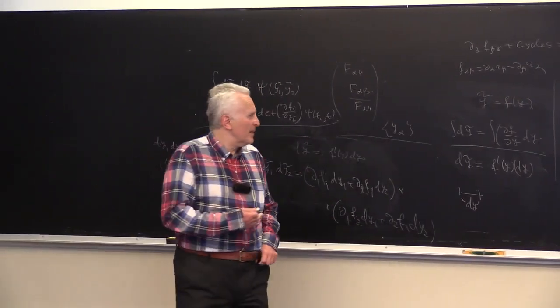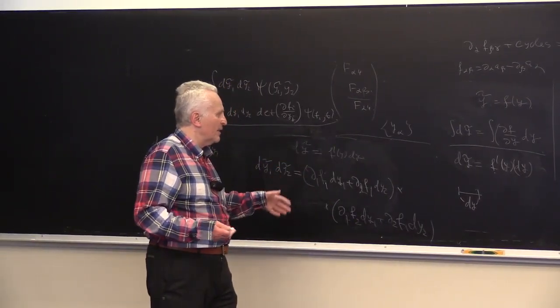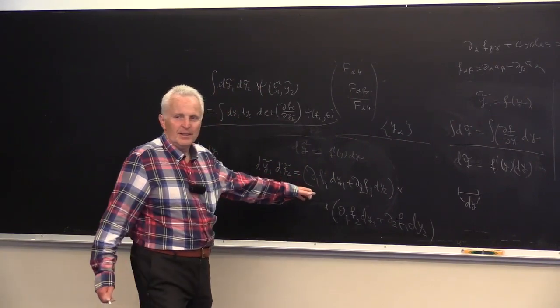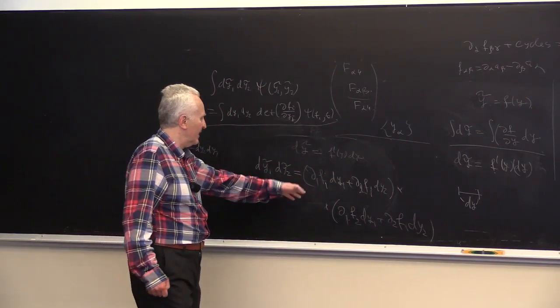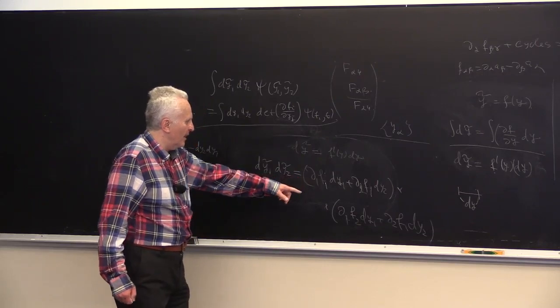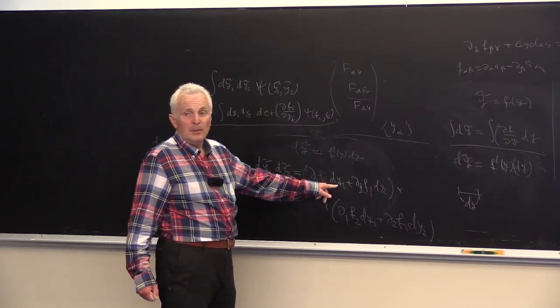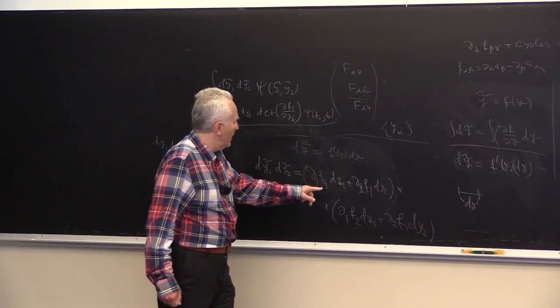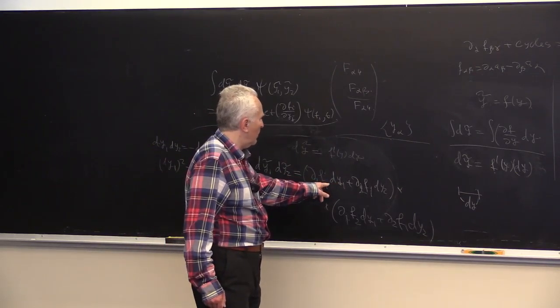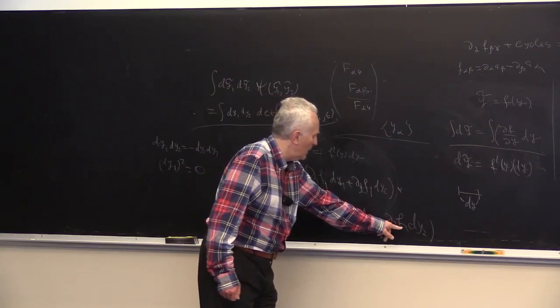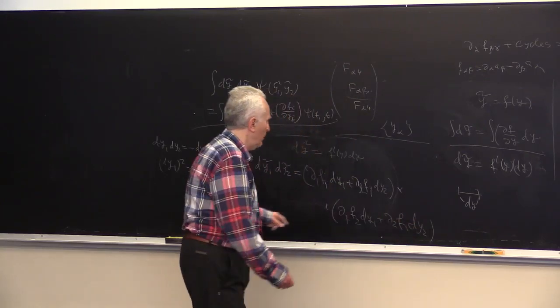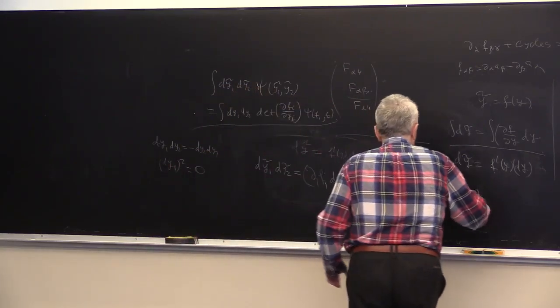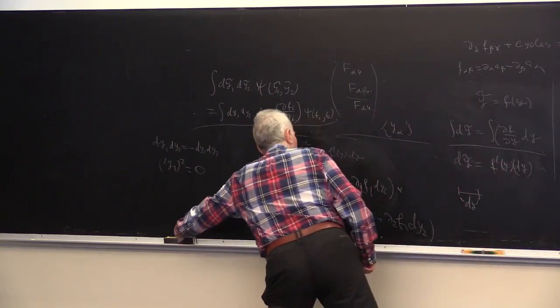I could avoid it, but I just can't resist showing you some beautiful tricks. I love this stuff. You see, dy1 squared is 0, so this term will not enter. However, there will be the term d1 f1 d2 f2 dy1 dy2. So let me, instead of saying it, let me write it.